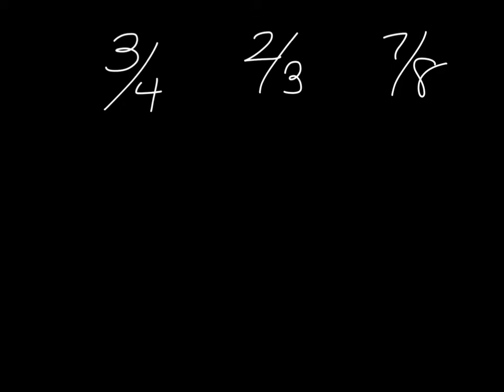All right, let's go ahead and try it on these problems. So we're looking at 3/4, 2/3, and 7/8. So we first need to find a common factor for 3/4, 2/3, and 7/8.